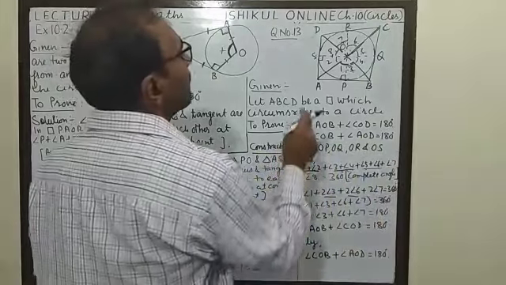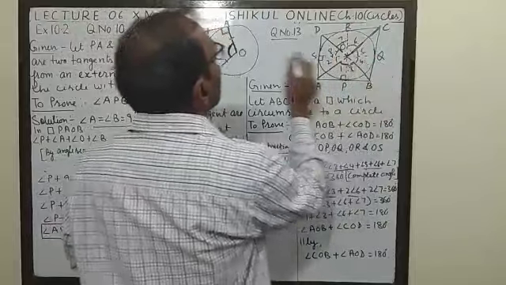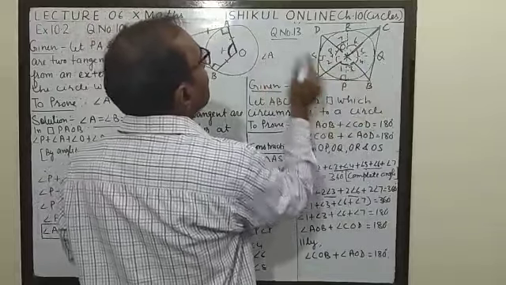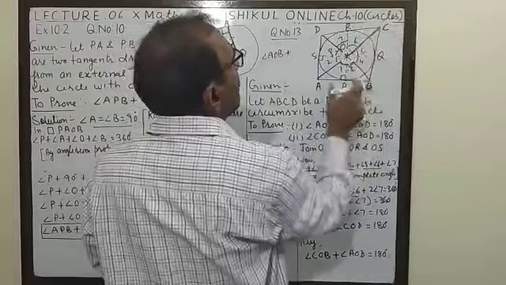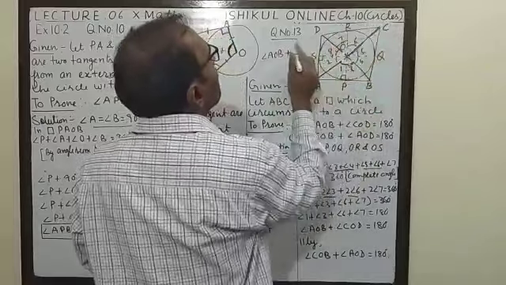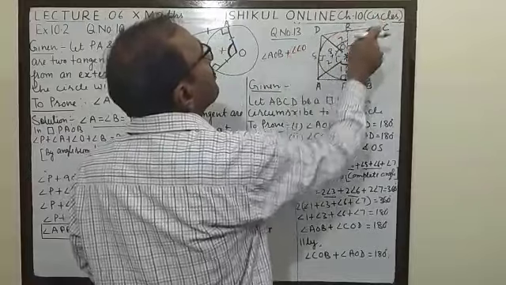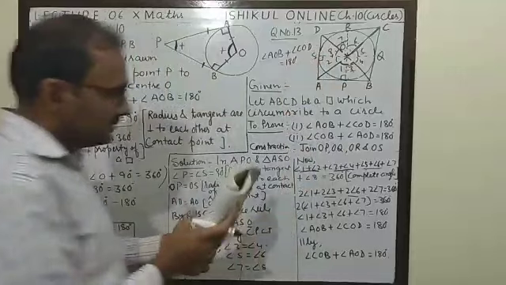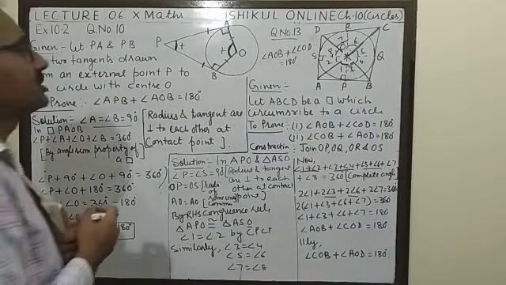This angle AOB made by side AB at the center, plus the angle COD made by the opposite side CD, equals 180 degrees. Supplementary. How will you prove it?